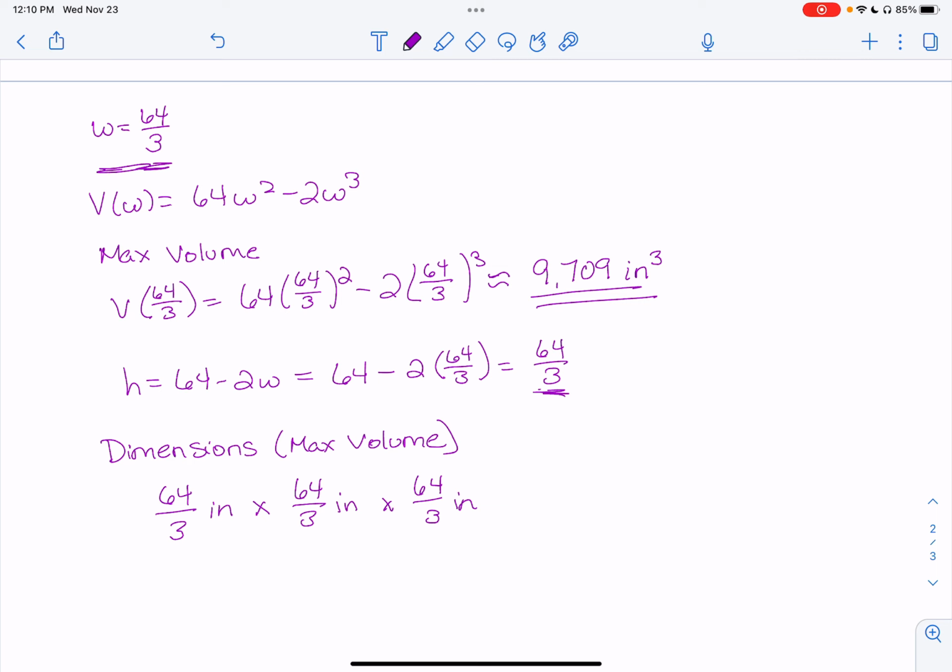And here what you see is that your maximum volume is when we have a cube. So you're kind of seeing a trend. So my two answers here, this would be the dimensions, and this right here would be my maximum volume, and that'll take care of the problem.